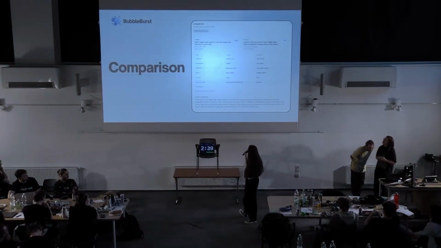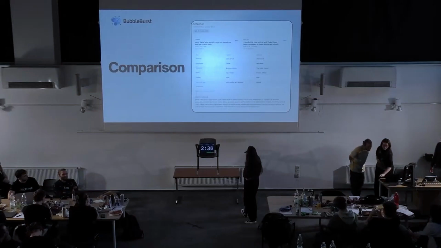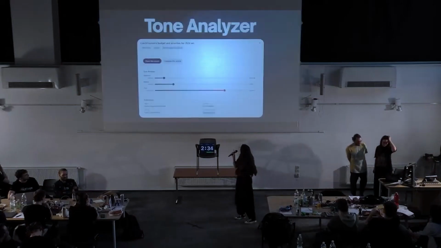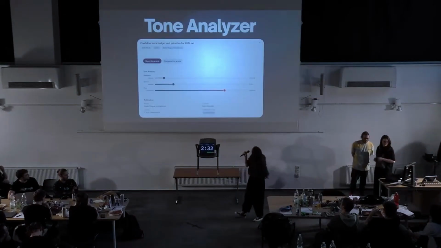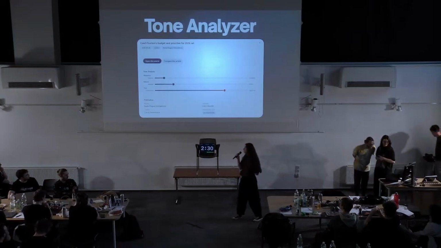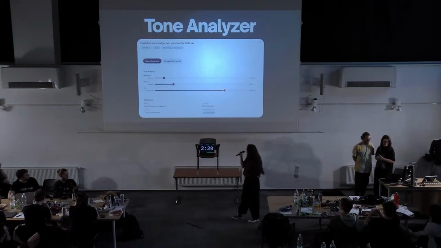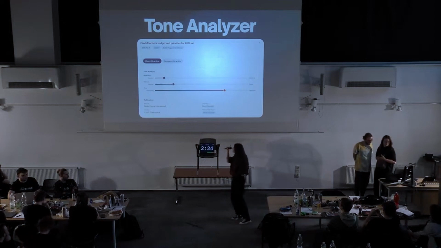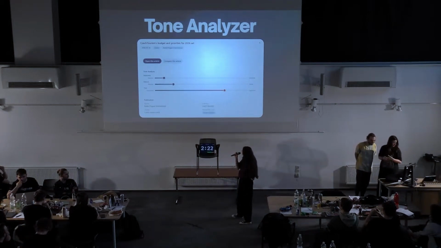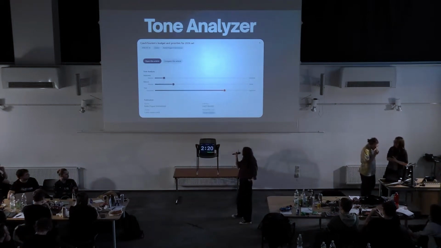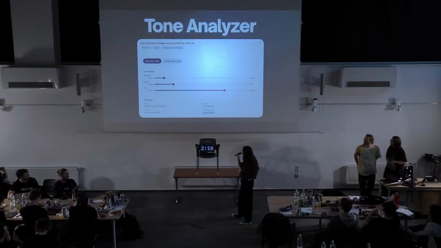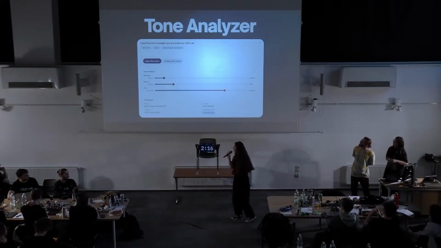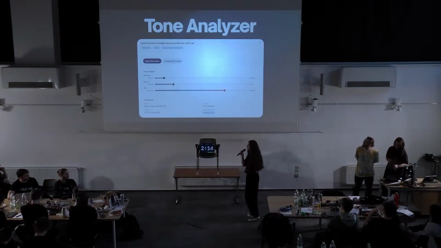And the other feature that we have is a tone analyzer. We're also using an LLM for this, and the user can see the tone of the article in these bars. And this is also just a web app feature. So now to the demo.